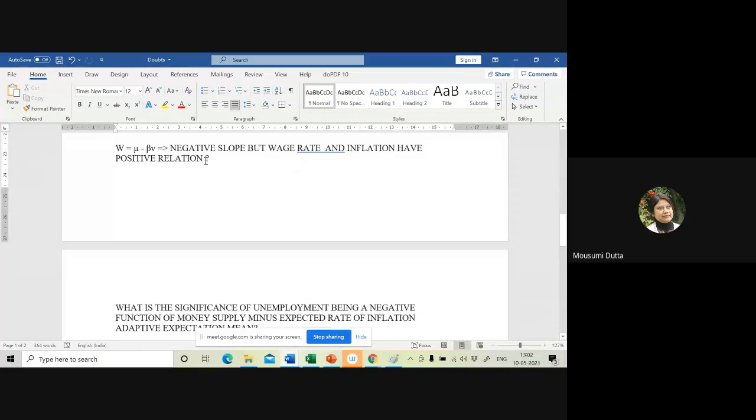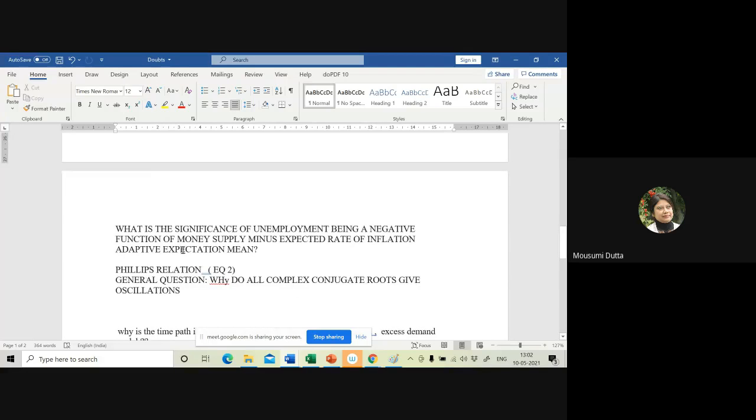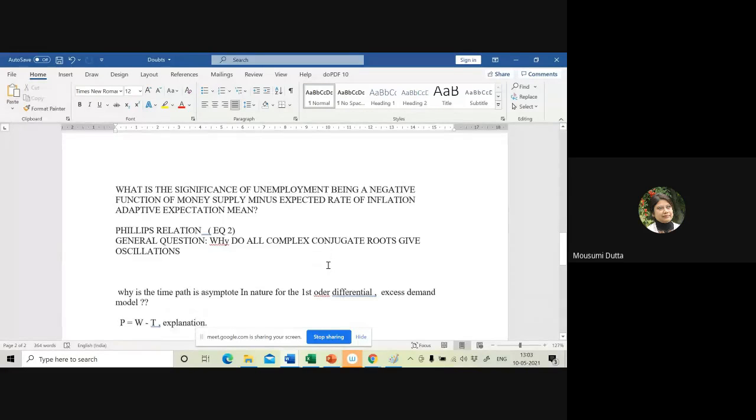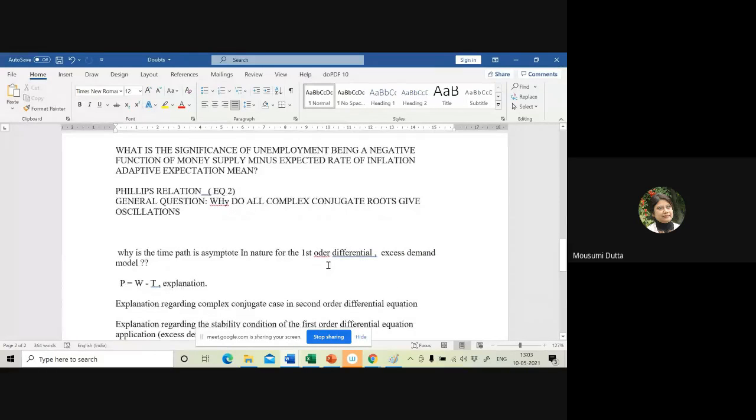Is there any confusion in the equation? I don't think so. I need to check it. Why do all complex conjugate? Look at this, now I hope you understood why for the complex conjugate roots we will get this kind of thing.